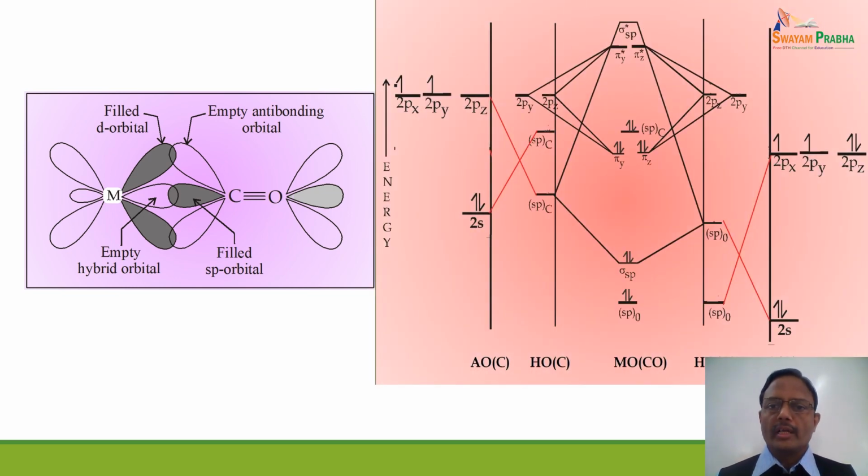This is the molecular orbital energy level diagram of the CO molecule. Now there are two orbitals which are involved in bonding. One orbital is the filled sp orbital of carbon, and the second is the empty anti-bonding molecular orbital. Now if we see this, we can correlate this.